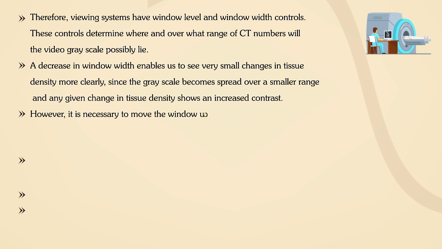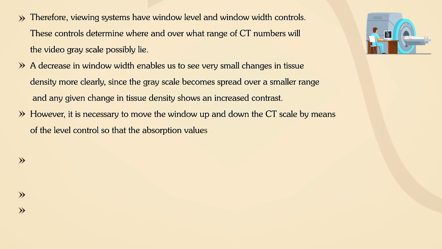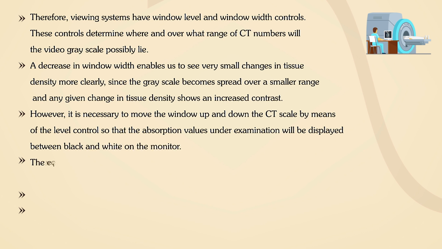However, it is necessary to move the window up and down the CT scale by means of the level control, so that the absorption values under examination will be displayed between black and white on the monitor.